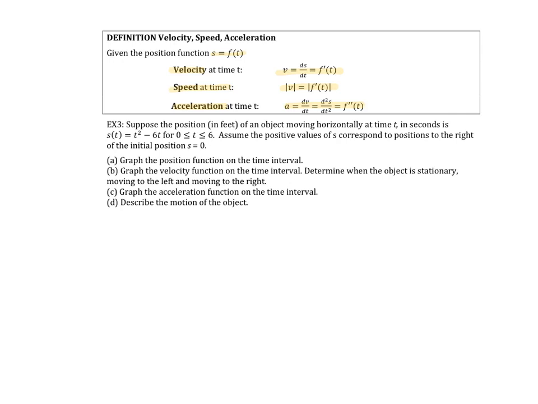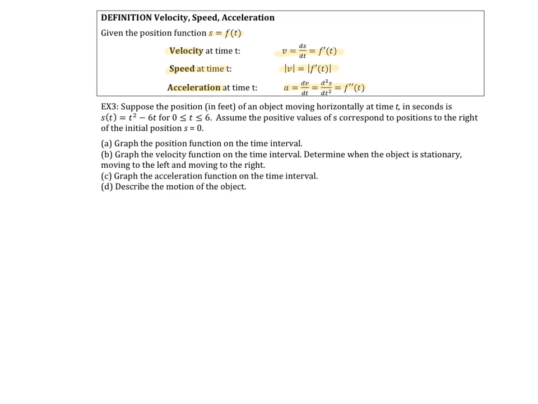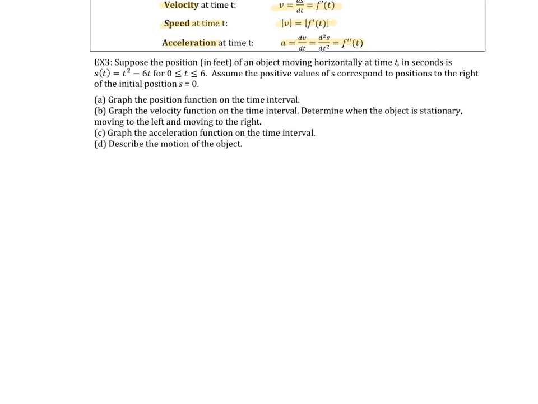In example 3, we're going to look at an object that's moving horizontally. So it is a linear path. T is in seconds. We have this position function, s of t equal to t squared minus 6t. And we're only going to consider the function from 0 seconds to 6 seconds.